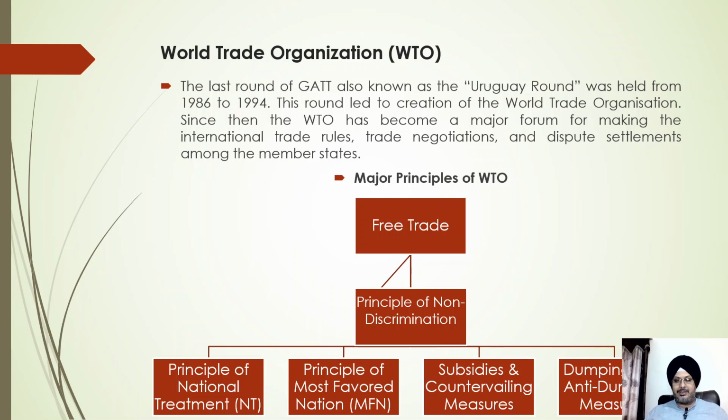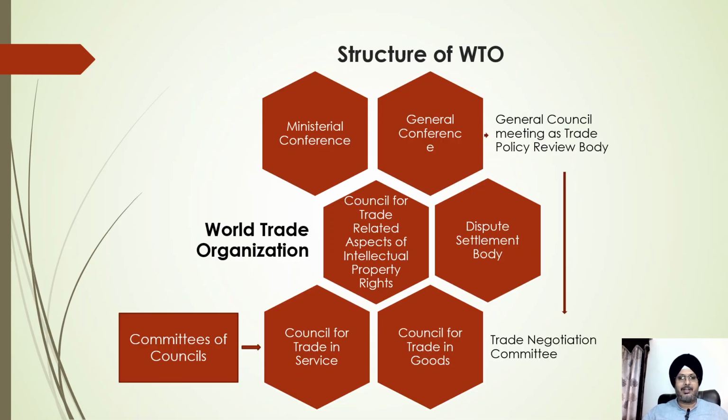Then the last is dumping and anti-dumping measures. Dumping means to dump the goods in order to destroy the market of another state. If a state is indulging in dumping the goods, then the other state has the right to impose anti-dumping measures. So these are the important principles under the WTO.